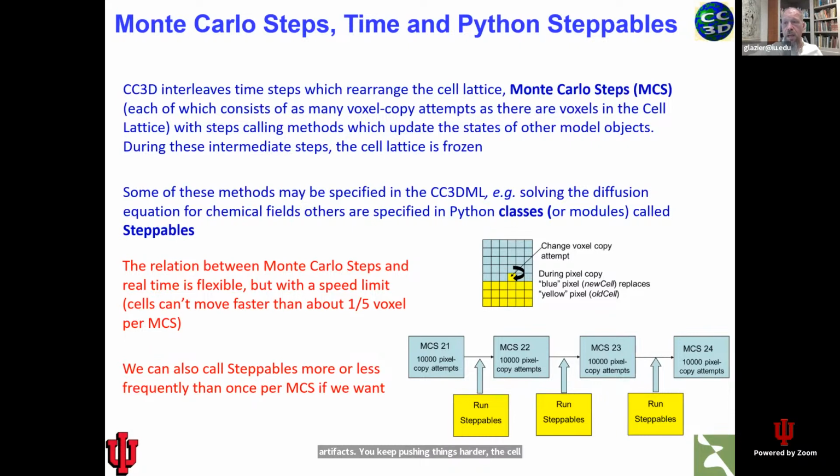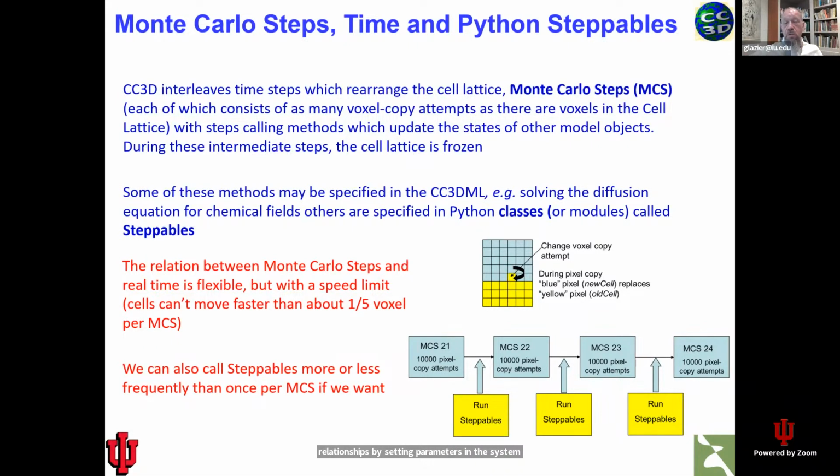And so you don't want to push things to move more than about 1/5 of a voxel per MonteCarlo step. People say, how do I relate real world time to MonteCarlo steps? And the fundamental answer is that you can adjust those relationships by setting parameters in the system. But there is a speed limit.